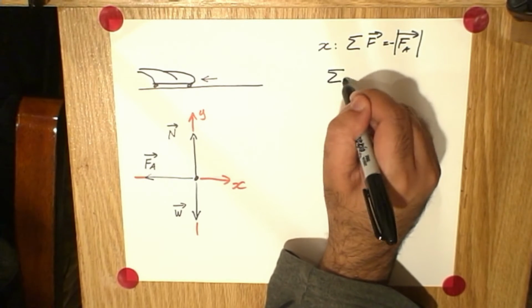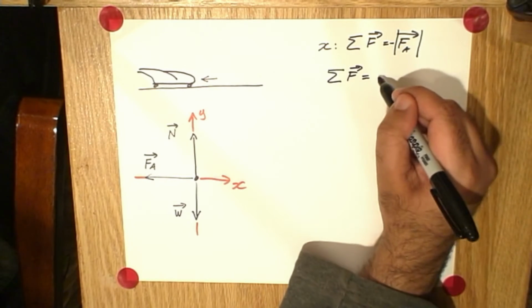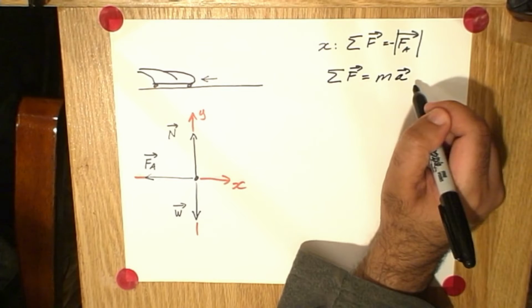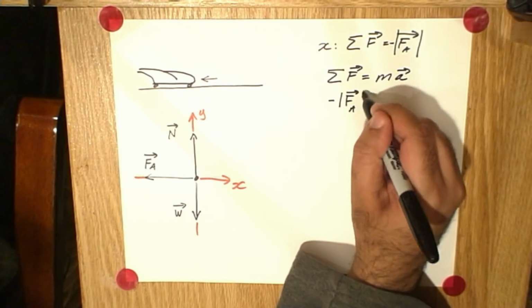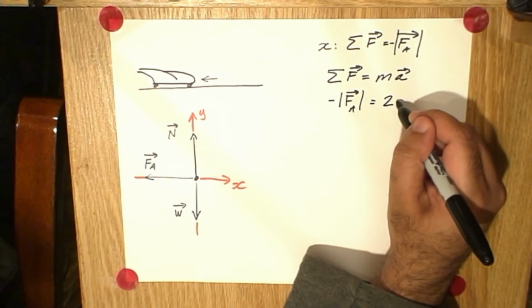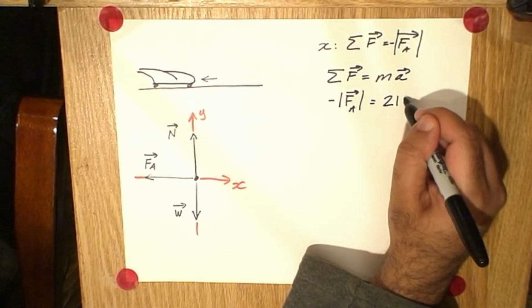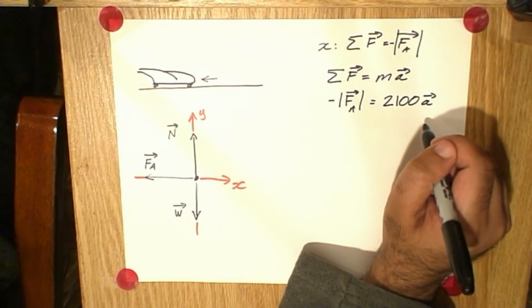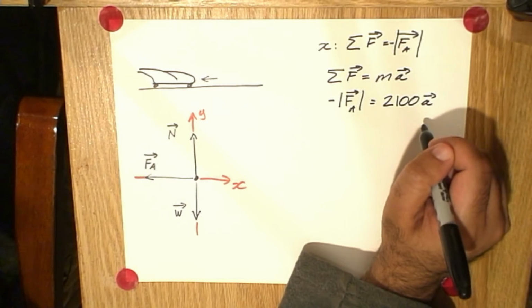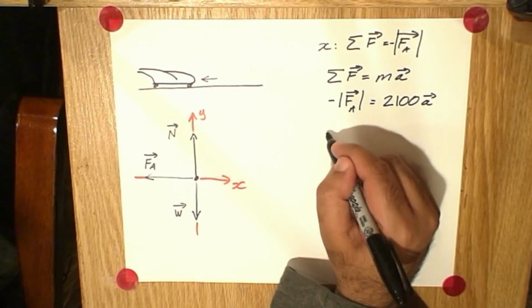But total force is also equal to mass times acceleration. So that means that the size of that negative applied force is also equal to mass times acceleration. We were told that the mass was 2100. The acceleration is negative 196.